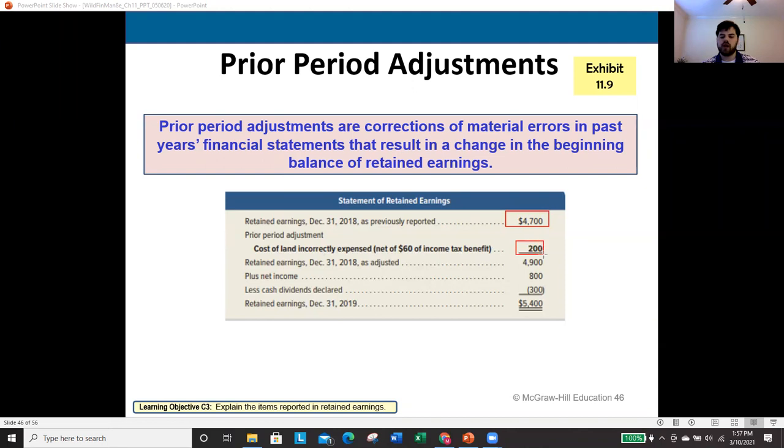So we have a $200 adjustment that has to actually be made, coming out to a new beginning retained earnings balance for this next period of $4,900. At this point, I'll add in all of my current year items, my current year net income, less those current year dividends declared, coming down to a new ending retained earnings balance at the end of this period of $5,400.